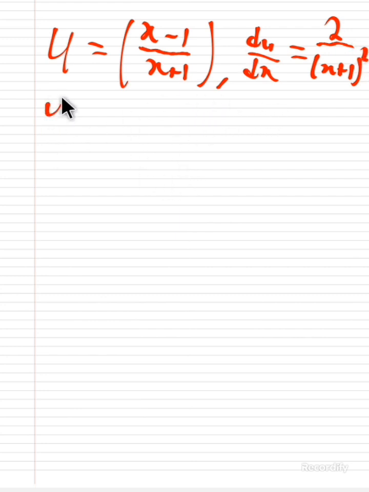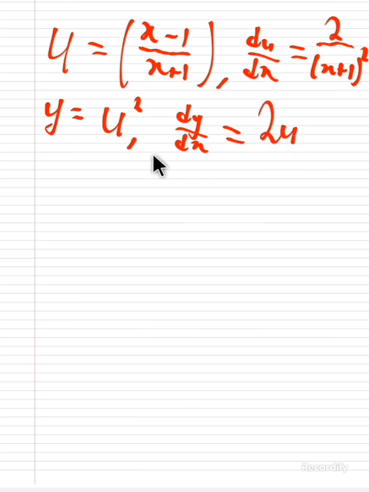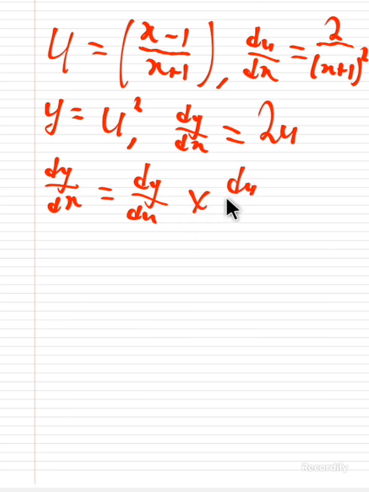Now we know that our y, when we are making use of the chain rule, our y is equal to u squared, which we have known already, and our dy du, that is differentiating y with respect to u, is equal to 2u. Alright, and the chain rule says that the dy dx is equal to dy du multiplied by du dx. This is fine.